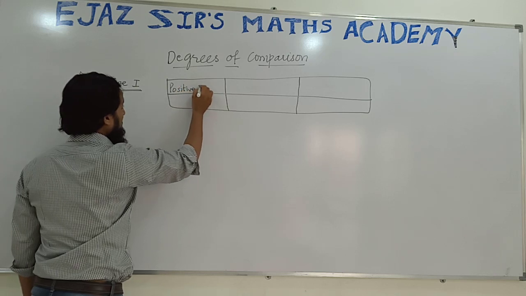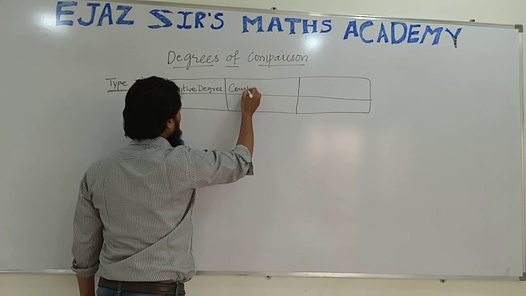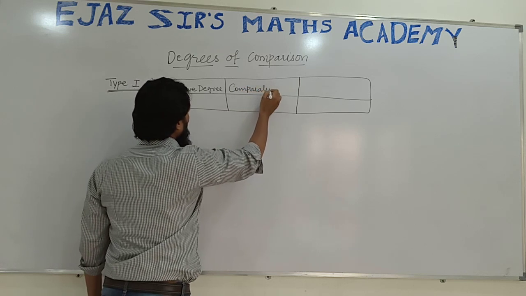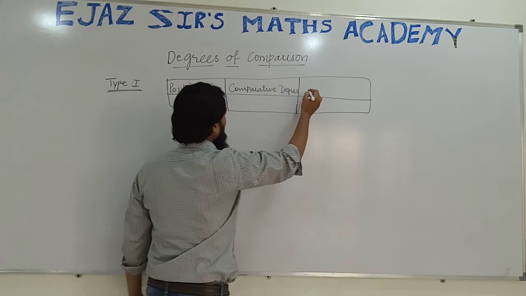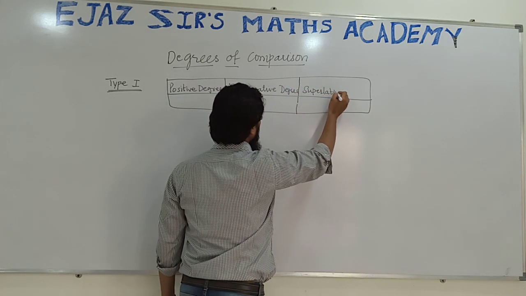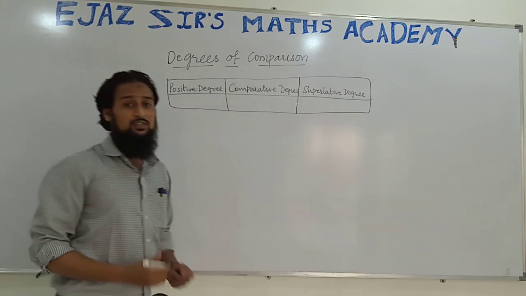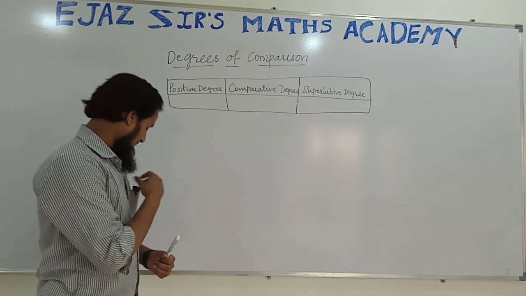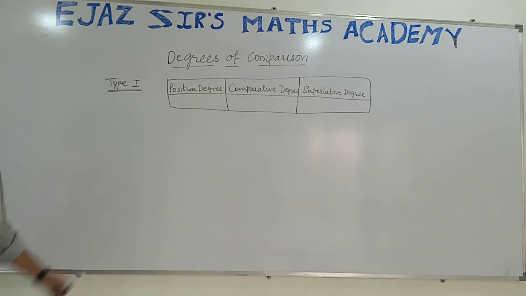It's positive degree, comparative degree, superlative degree. So these are the 3 degrees of comparison. And see, type 1. These are first type of examples.